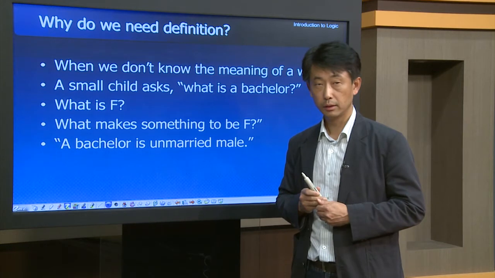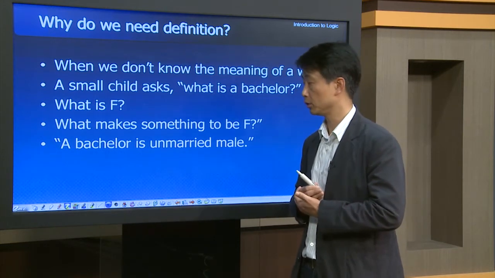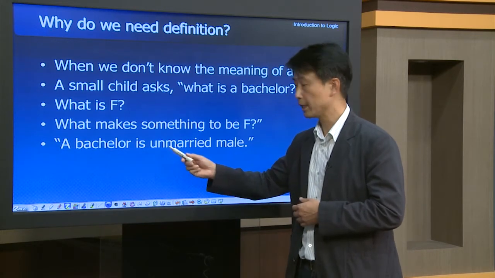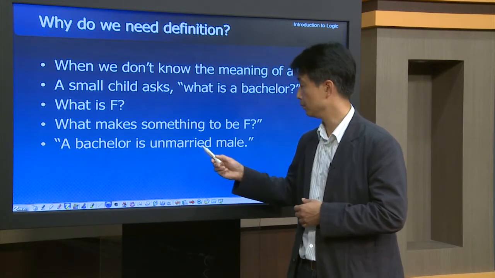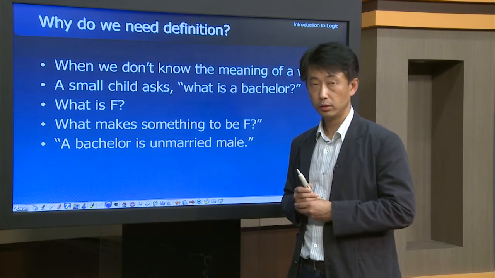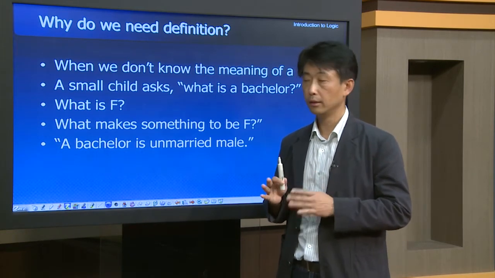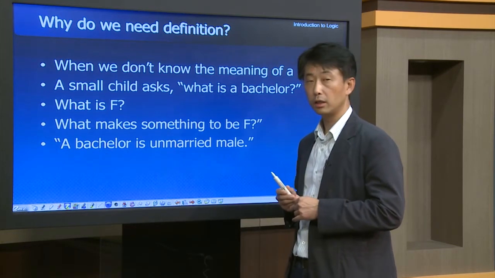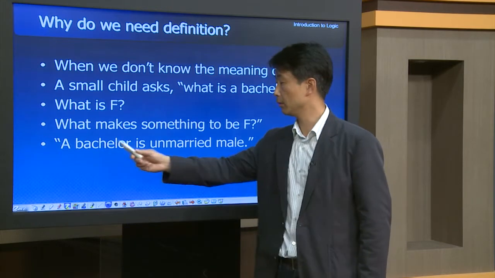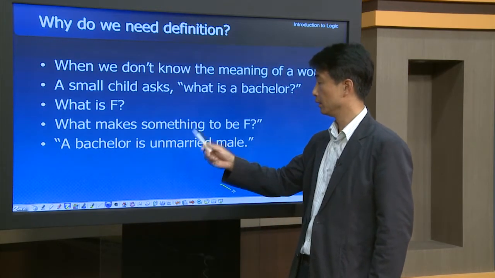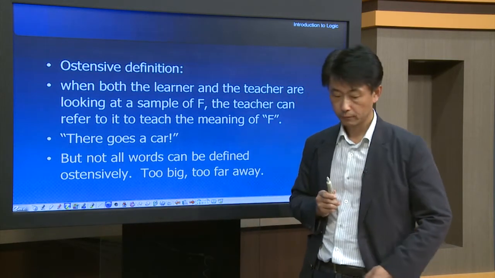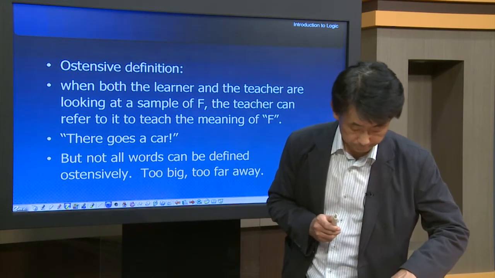Of course, this kind of definition will work only when the learner already understands the terms unmarried and male. So, on the assumption that the learner understands these two words, we can define the term bachelor by saying bachelor is unmarried male.